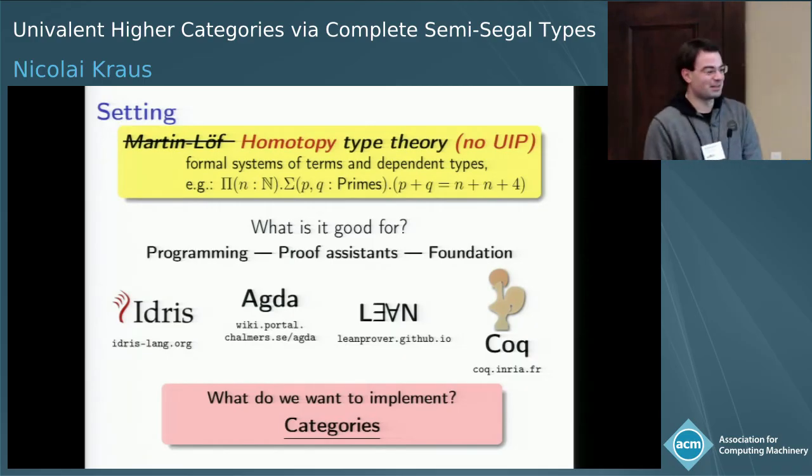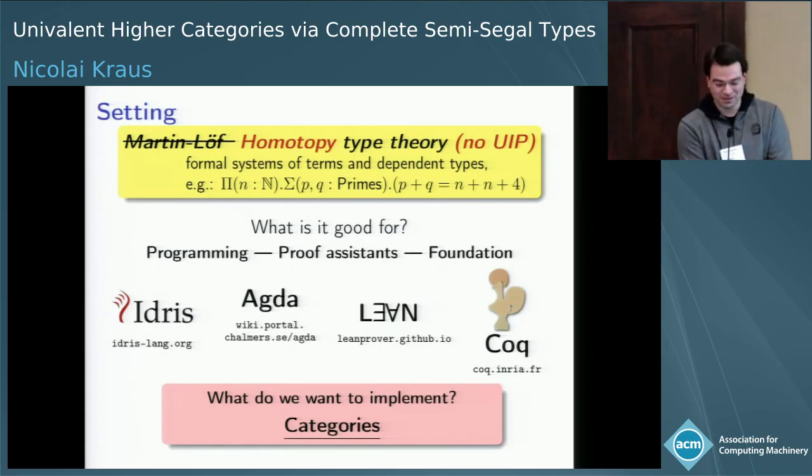Basically, unique identity proofs would mean that if you have some equality type, like this one, then a priori, without the assumption, we don't know how this type looked like. It could be very complicated. With this assumption, there could only be one such proof of equality in this type. But we don't make this assumption.